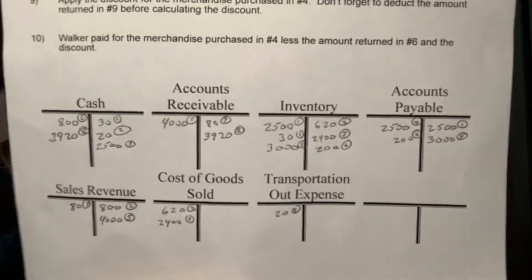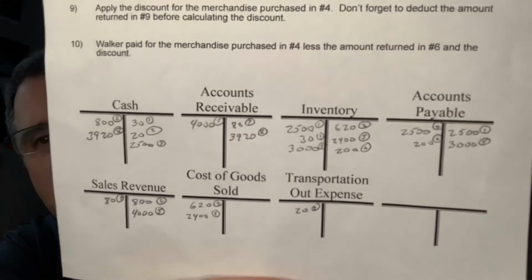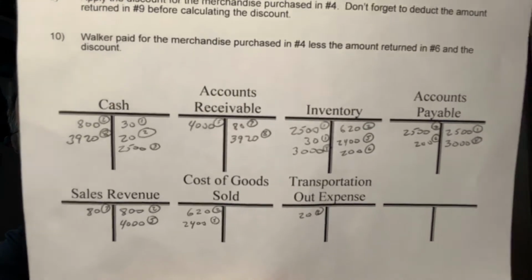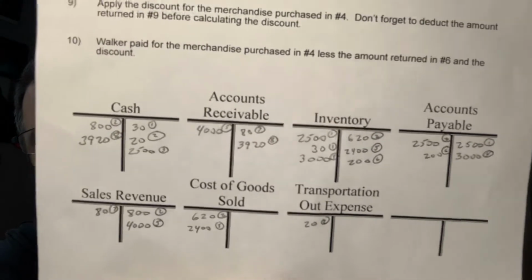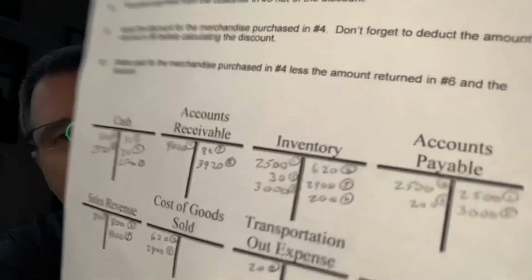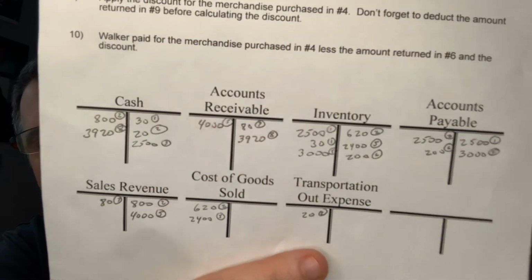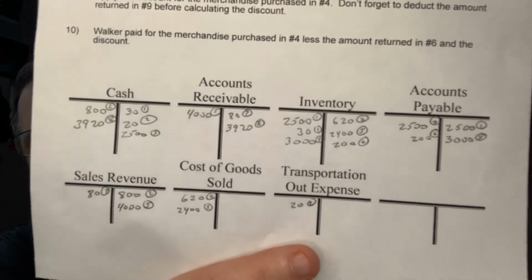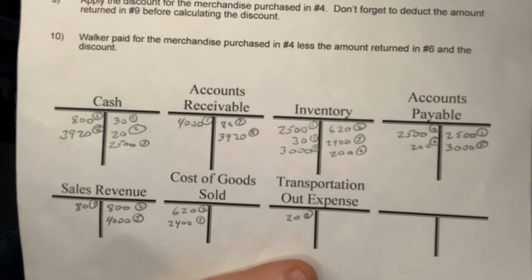If you're ever confused what that amount is, just look in your accounts receivable balance. It should always tell you. So we're saying here a debit to cash of $3,920 and a credit to accounts receivable for the same amount, and that should get us to where we need to be. Okay, great. So that takes care of 7 and 8.